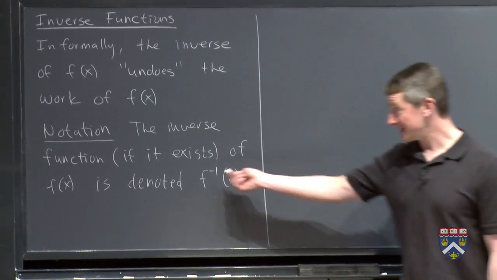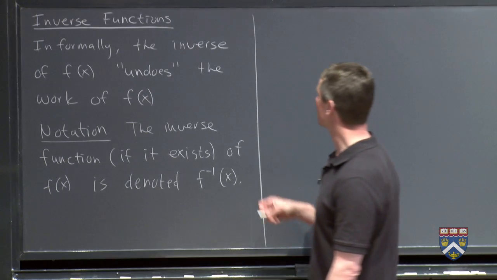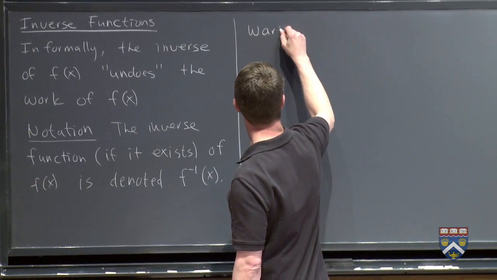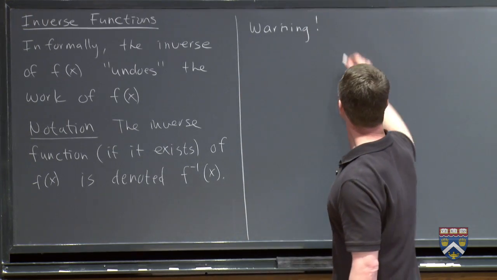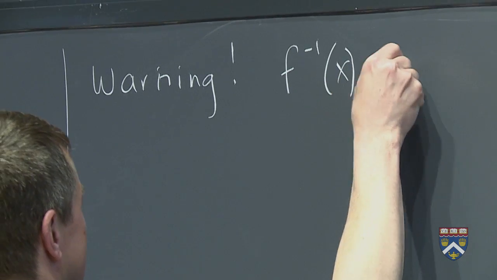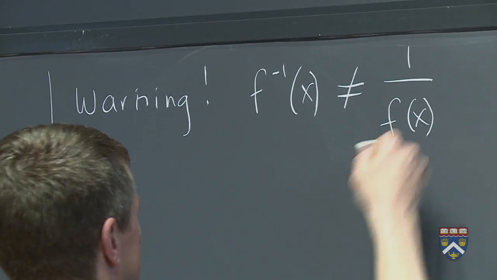Now this week we've already seen a superscript minus 1, and it meant something different. So this is a very important warning. And the warning is that f inverse of x is not the same as 1 over f of x.